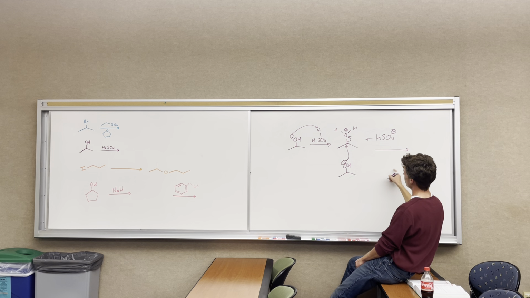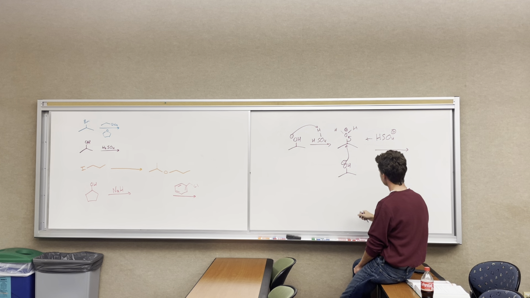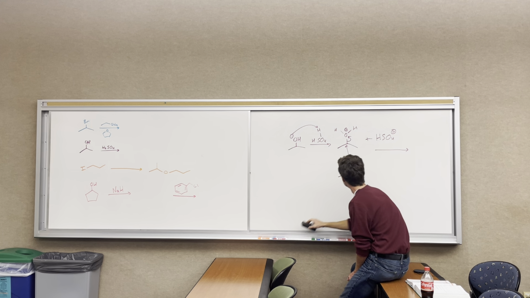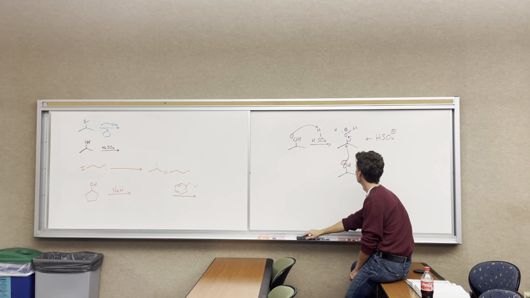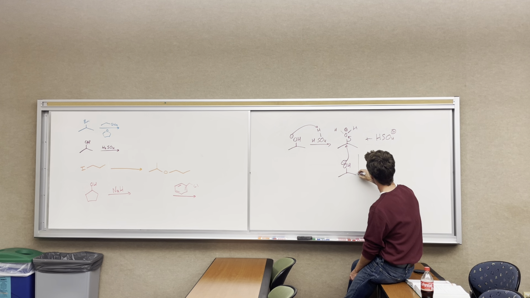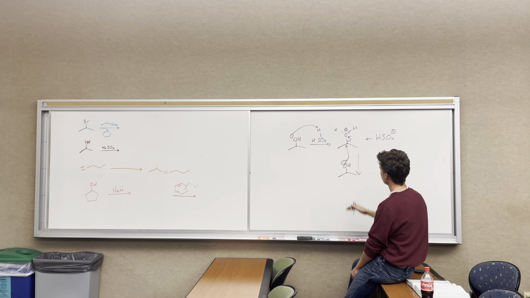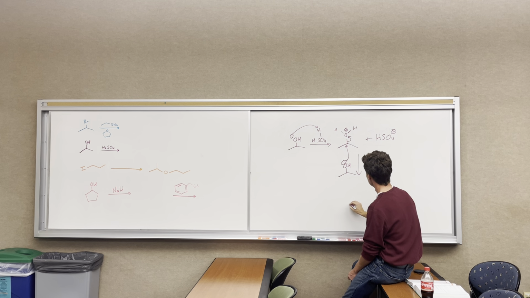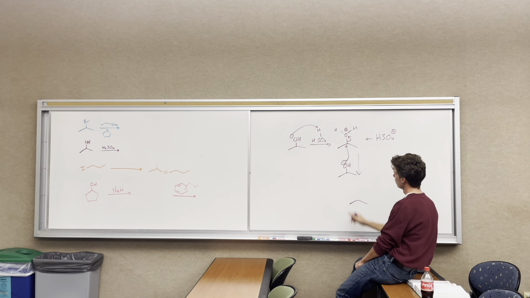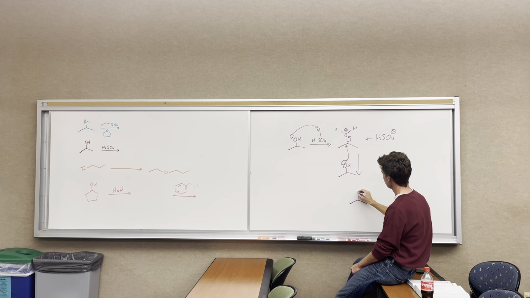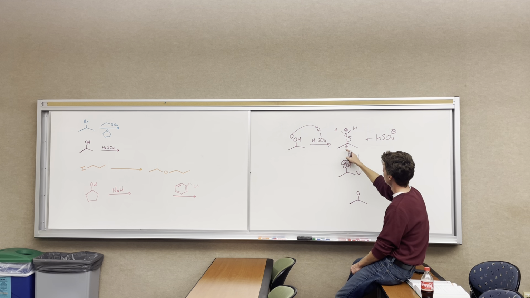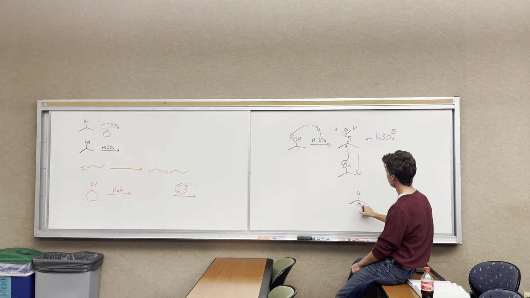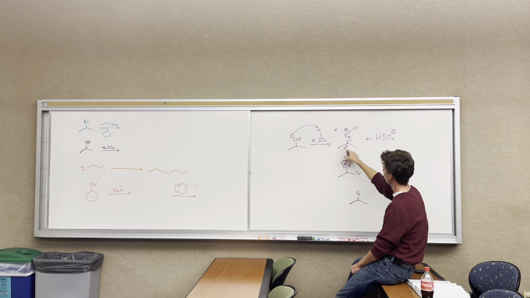I'm gonna write this down here. I'll write it like that, and this was on my reaction arrow. Okay, water's gonna leave. I have 3 carbons here. 1, 2, 3. That oxygen is bonded onto that. This oxygen is bonding to these 3 carbons here. 1, 2, 3, 1, 2, 3.